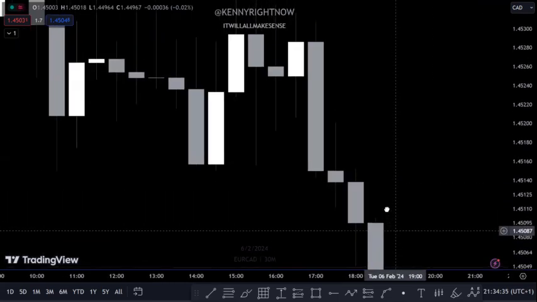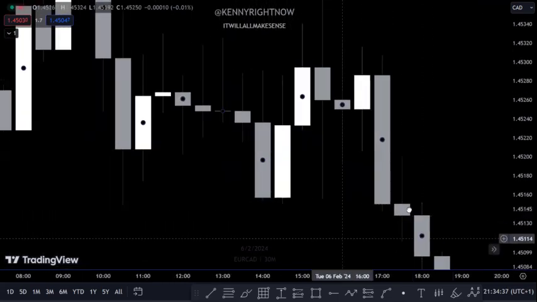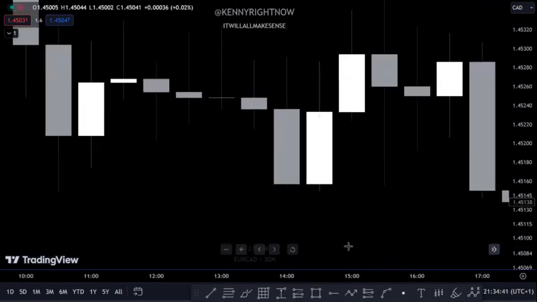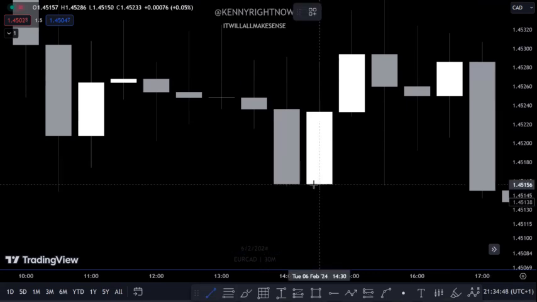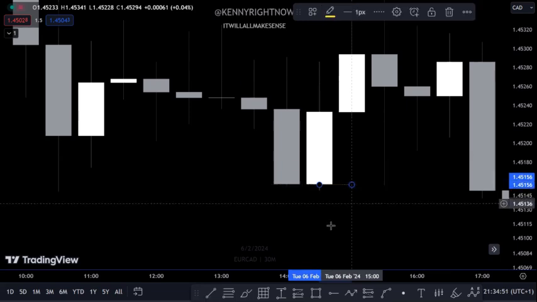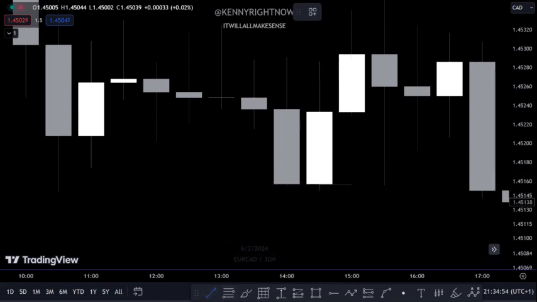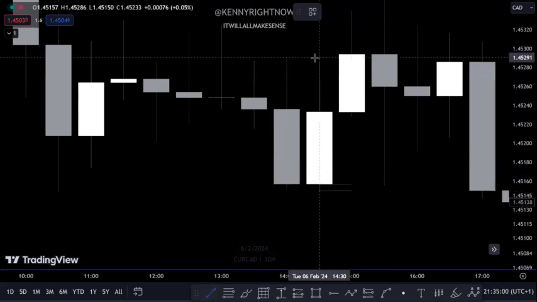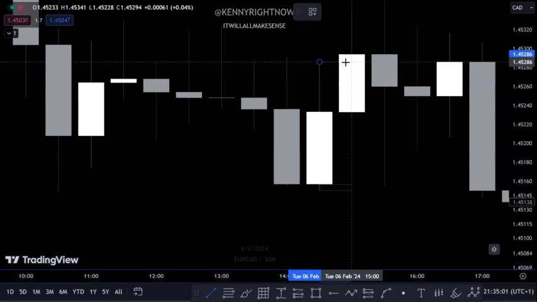Now, let's go and find another one again. Take this candle, for example, right here. We have the open. So all bullish candles open at the bottom. Now we have the low here. We have this high as the high.